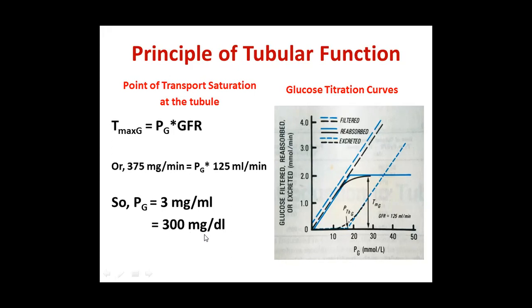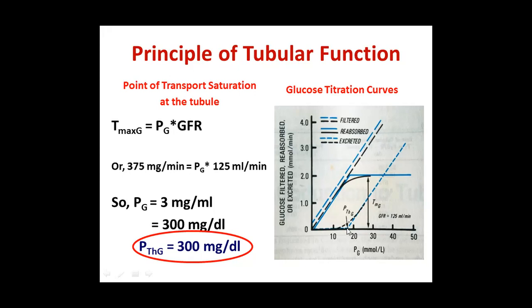Where Tmax G is achieved, that plasma level, 300 milligram per dl, is known as PTHG, the plasma threshold value for glucose, or the theoretically predicted threshold value for glucose.